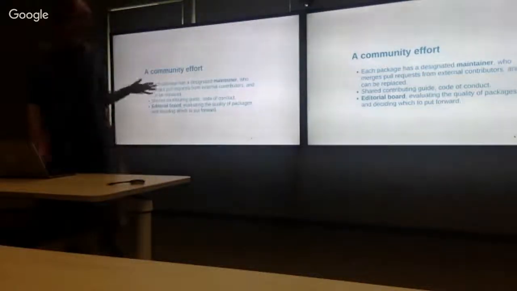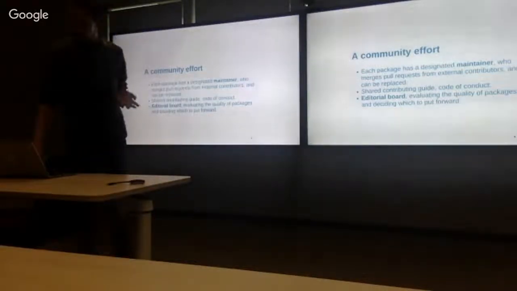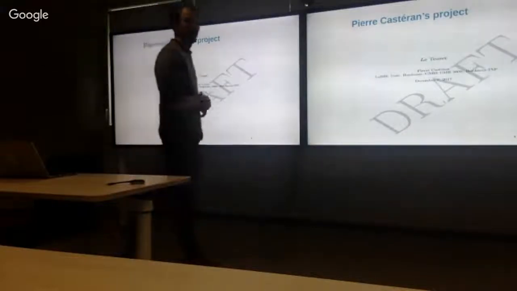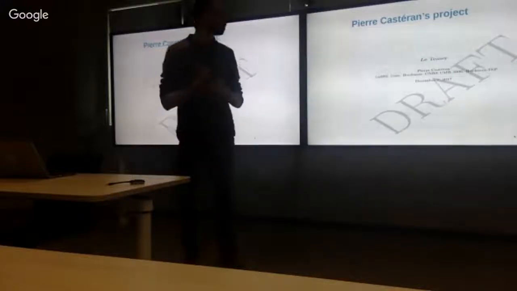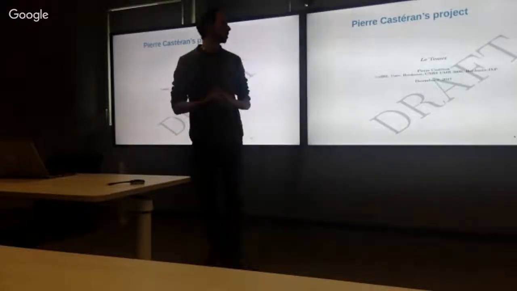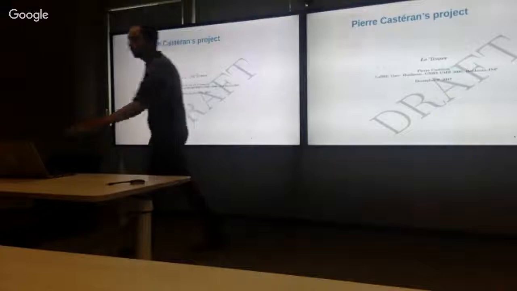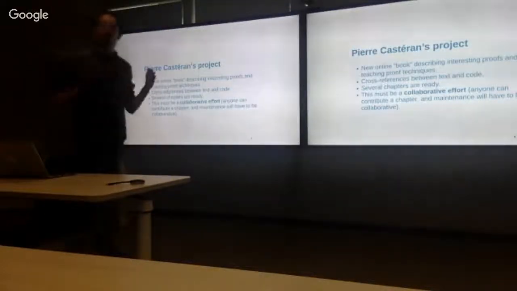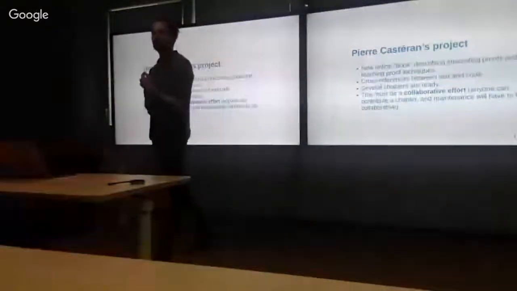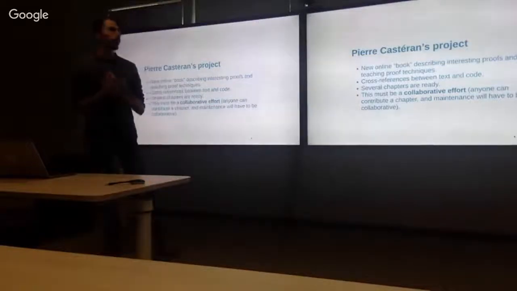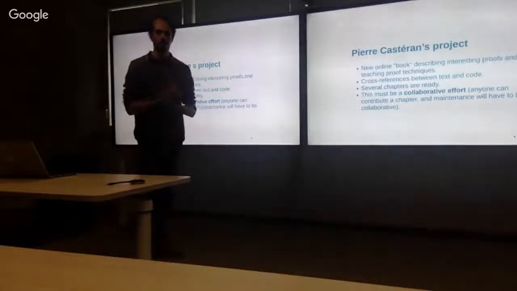And so this is my proposal, and it's linked to an initiative by Pierre Castéran, or at least I am making the connection, and he allowed me to make the connection. So he is starting a project, a new book, an online book, too big to be an actual book, whose purpose is to describe interesting proofs and teach about interesting proof techniques.